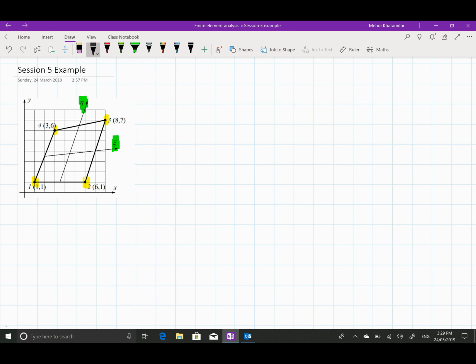This element is going to be converted to something like this. This is my psi, eta. We know because these two axes are normalized, they should be from -1 to 1 like this.